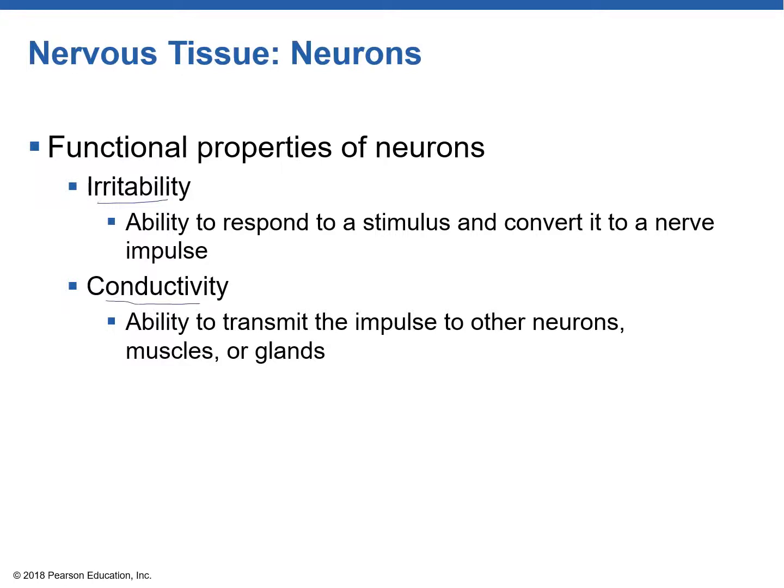Conductivity is the ability to transmit the impulse to other neurons, muscles, or glands. Just as certain metals are highly conducive to the flow of electrons, our neurons are going to be highly conductive to nerve impulses or action potentials.